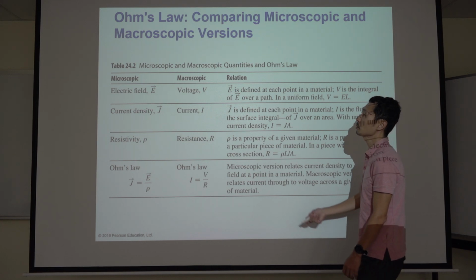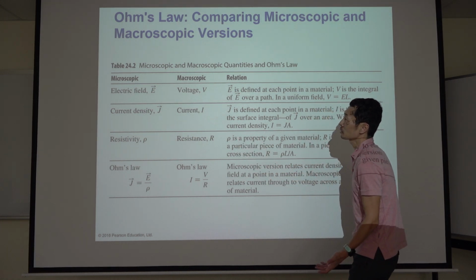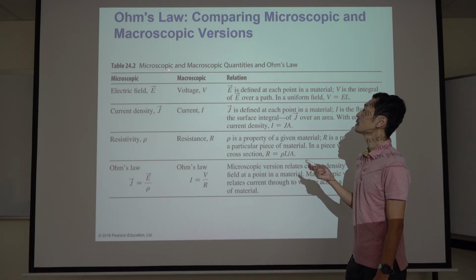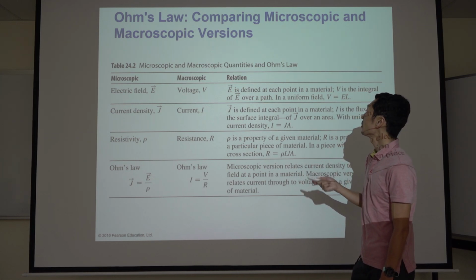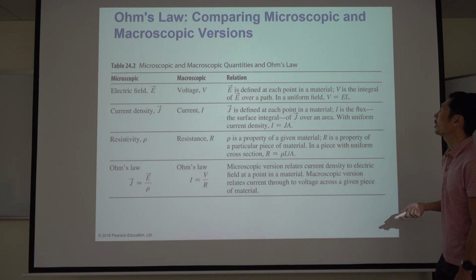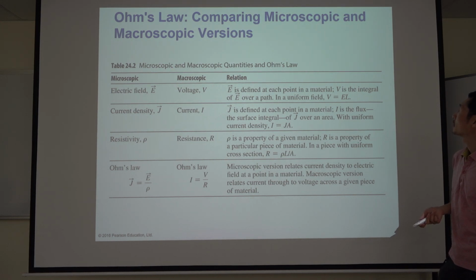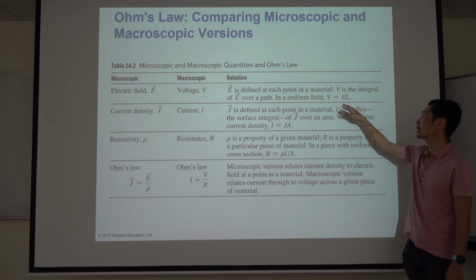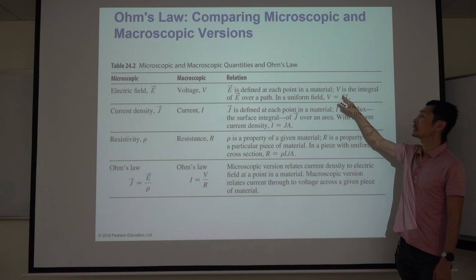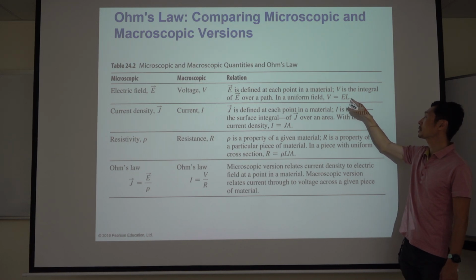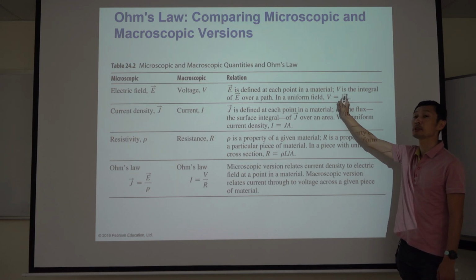So we have the electric field E. This is microscopic, and in macroscopic, it's going to be voltage, right? The relation is something like this. Voltage is E, electric field, times length. So this is a relation.